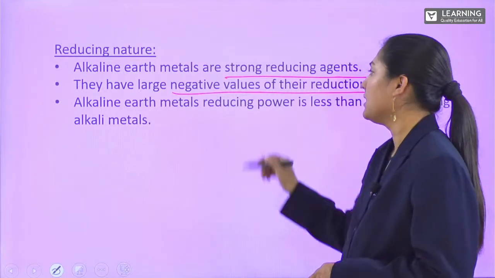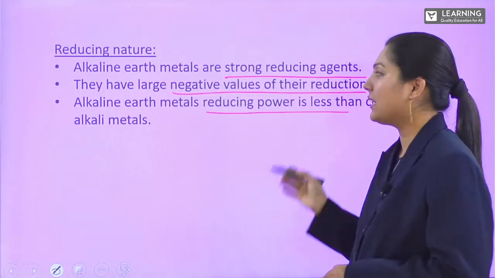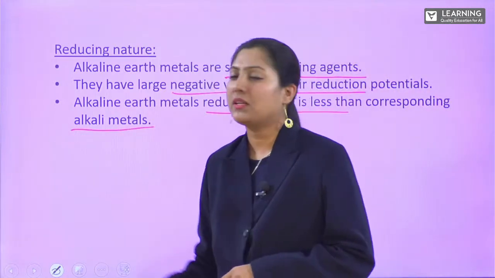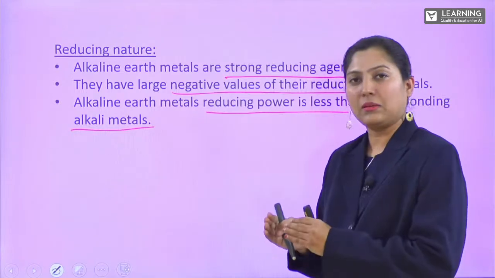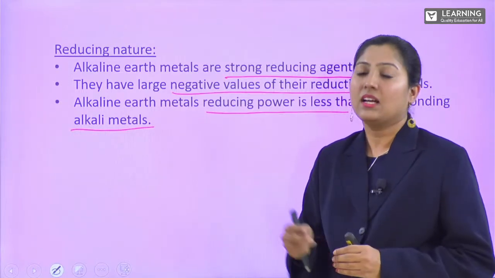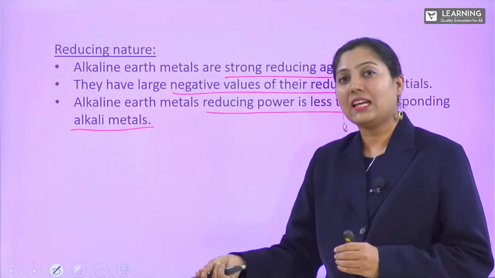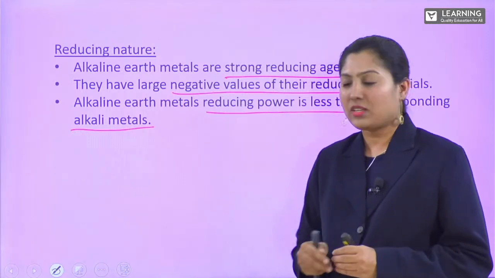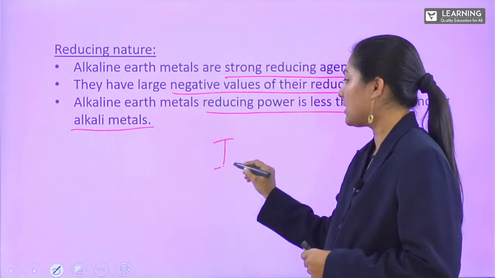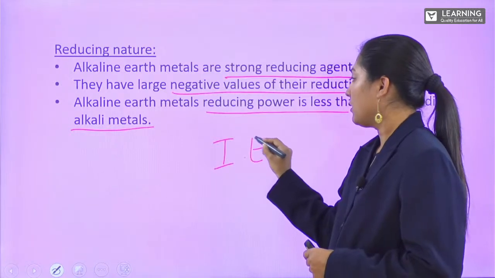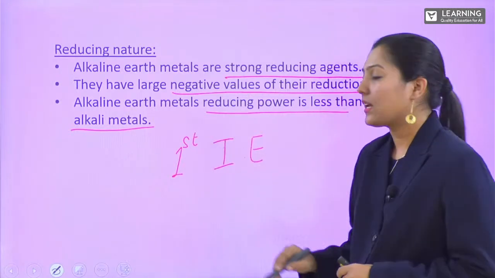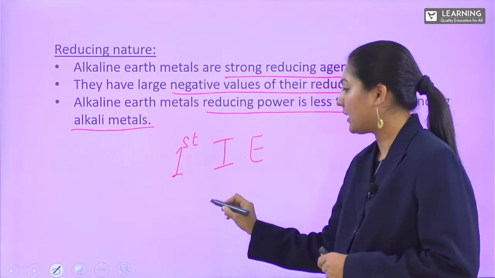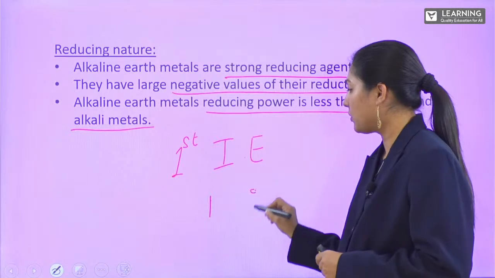Alkaline earth metals' reducing power is less than that of alkali metals. Obviously, because alkali metals can easily give electrons.